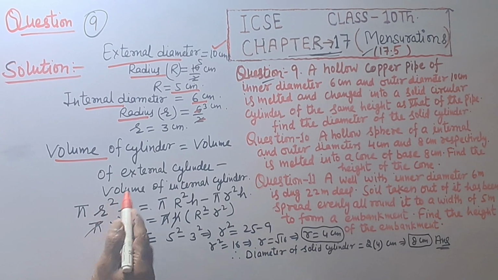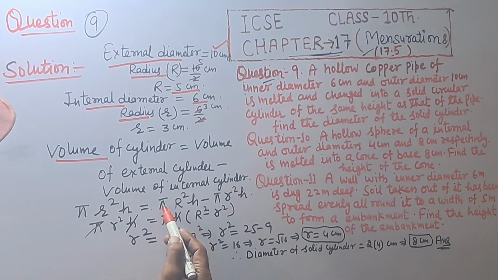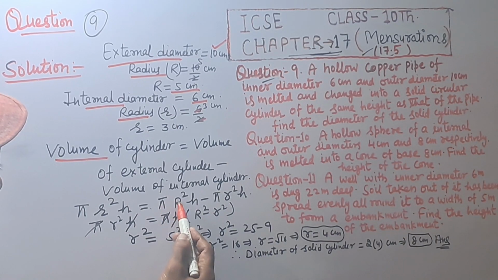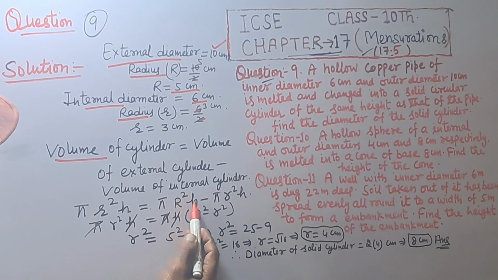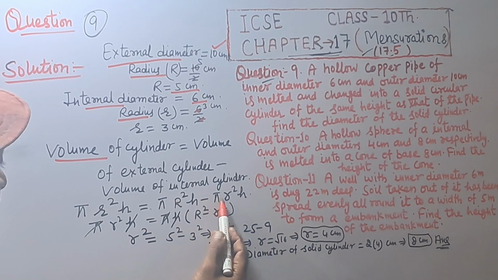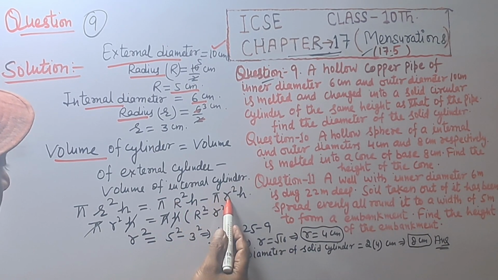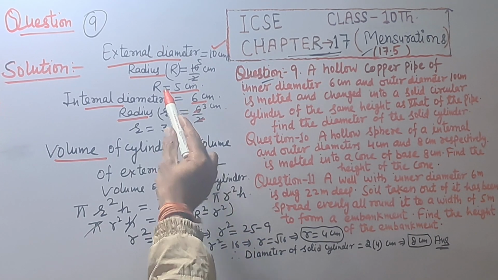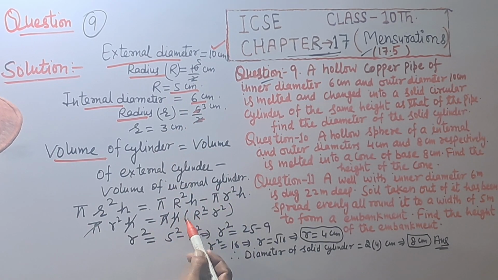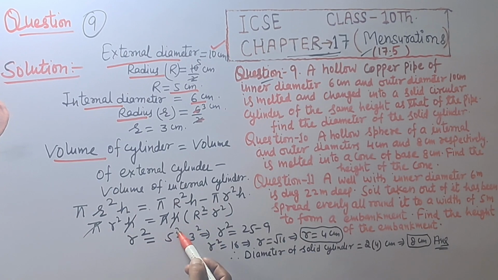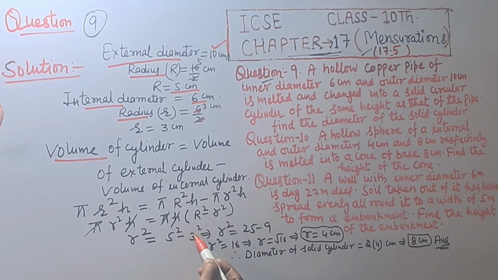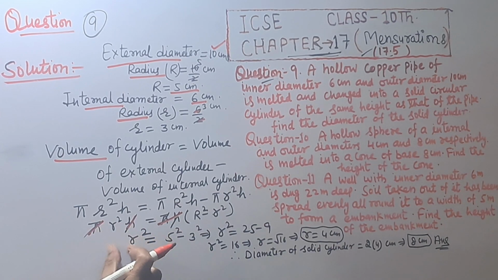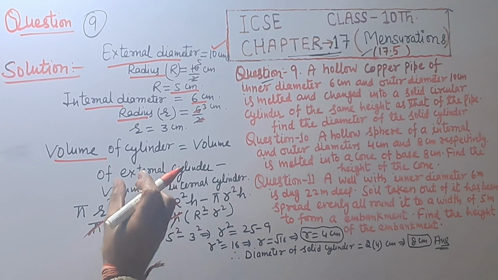Let r be the radius of cylinder and it is equal to pi external radius capital R square h minus internal radius small r square h. So external radius equal to 5 square and internal radius equal to 3 square. Pi h cancels, and let r be the radius of cylinder.